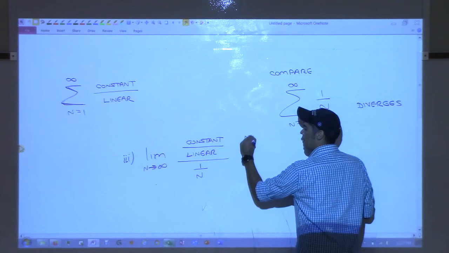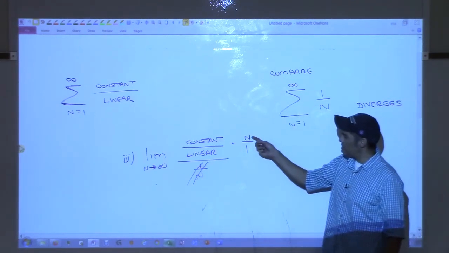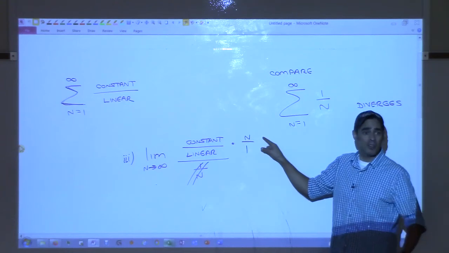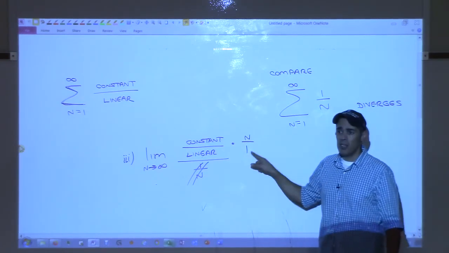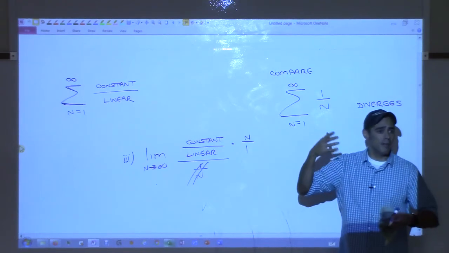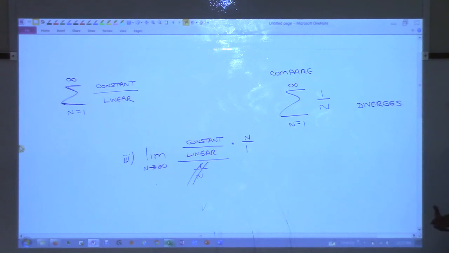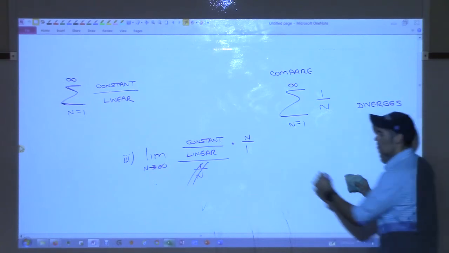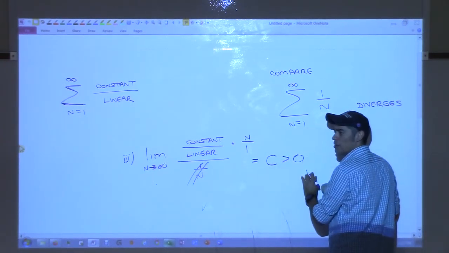The top is a constant times n, which is just some linear function in n, and the bottom is also some linear function in n. Since you have infinity over infinity, when you take the derivative that first time, all you get are the coefficients in front of your n's, which will be a constant, and that will be positive. So this will equal some constant greater than 0.